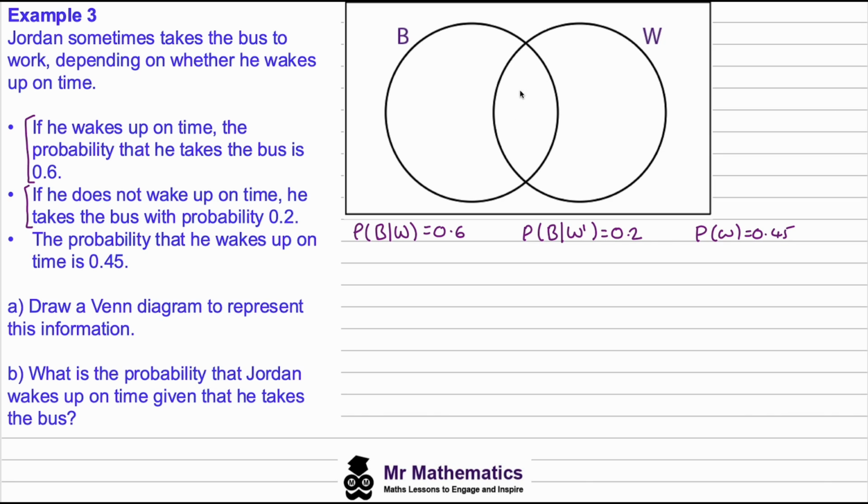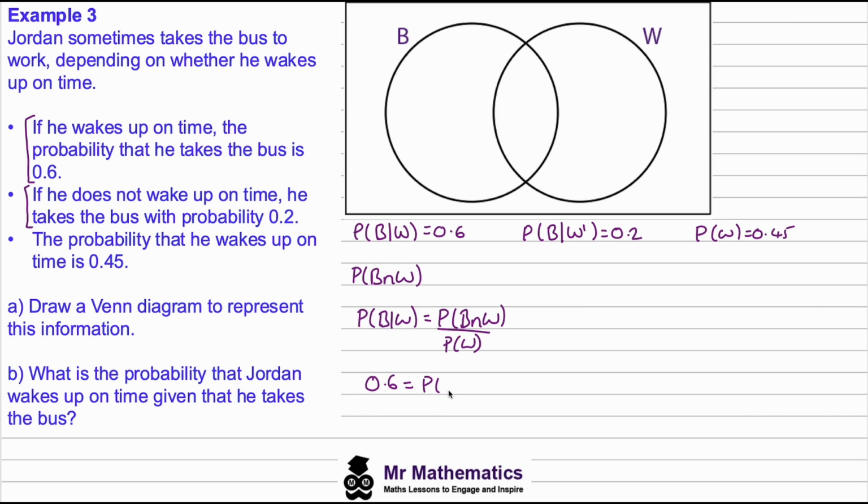We need to find when they overlap. This will be the probability of B intersecting with W. And we can work this out because the probability of B given W will be B intersecting with W over probability of W. We know this value is 0.6.